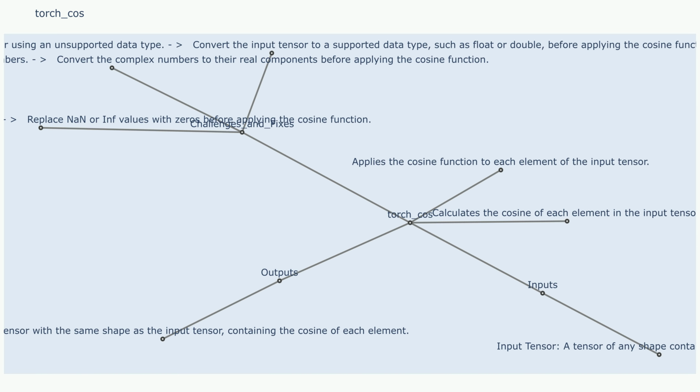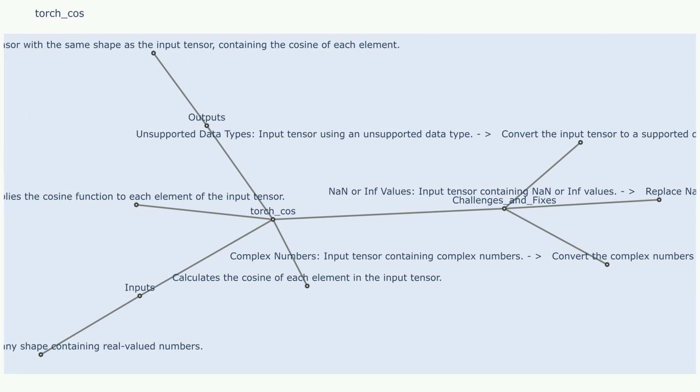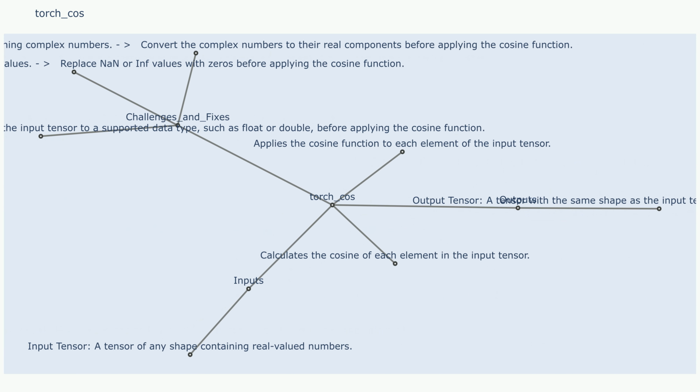torch.cos. Description. The torch.cos function calculates the cosine of each element in a PyTorch tensor. It operates on tensors containing numerical data, such as floating point numbers. The cosine function is a trigonometric function that relates an angle to the ratio of the adjacent side to the hypotenuse in a right triangle.